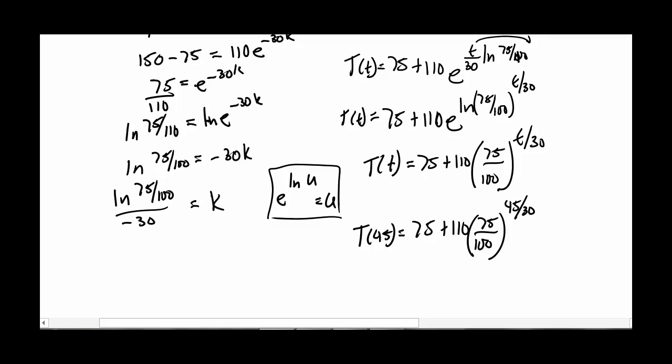All right, so 75 over 100 is 0.75, and I'm going to raise that to the 1.5 power. And that gives me 0.649 that I'm going to multiply the 110 by. And then I'm going to add the 75 to it.